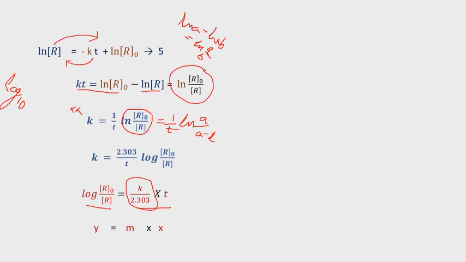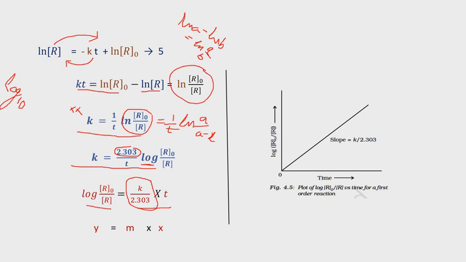Two cases are there. In terms of ln is one case, and this is the second case. What is the difference? Here there is no 2.303, but in the second case, 2.303 is present. When 2.303 is present, automatically you have to use log. So ln equal to 2.303 into log in general. Now look at the graph, dear students. This is the graph of log r naught by r and time.